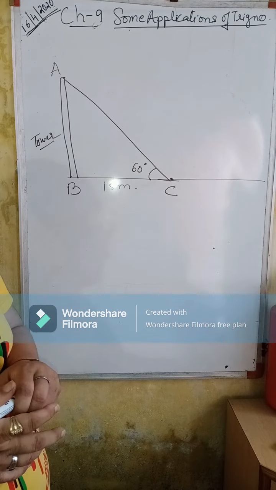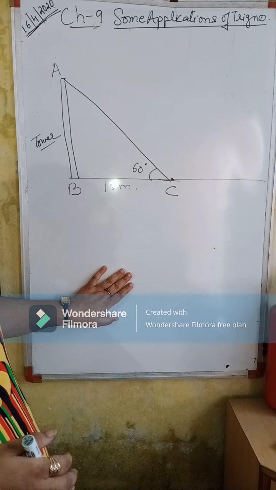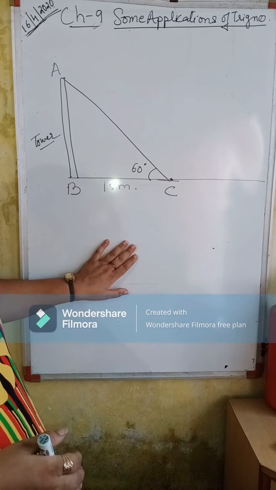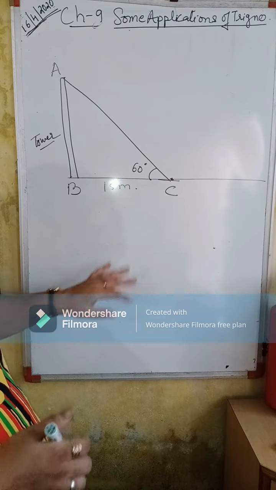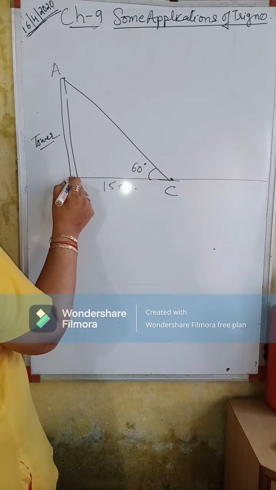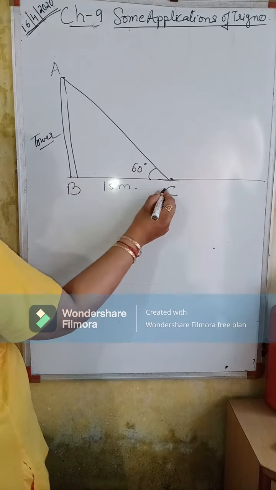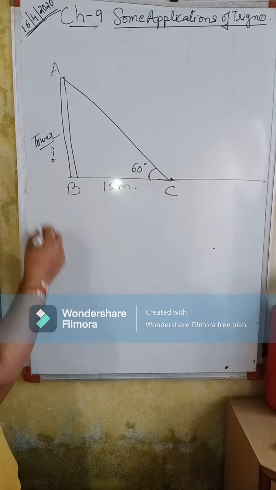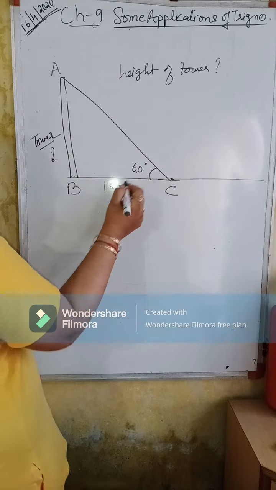So while making the figure, be perfect. Take care, read the question properly and then make the figure. The tower is standing 15 meters away from the point on the ground, and the angle of elevation from the point is 60 degrees. We have to find the height of the tower. How will I get it here?